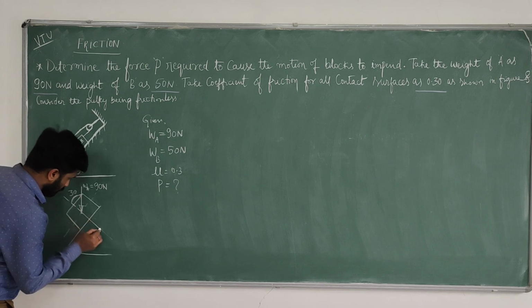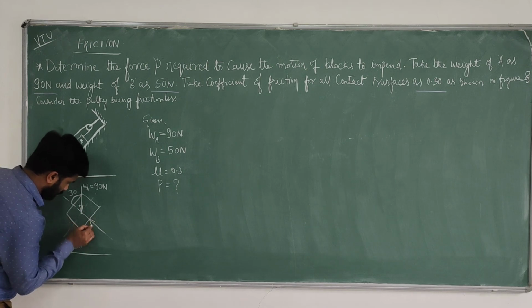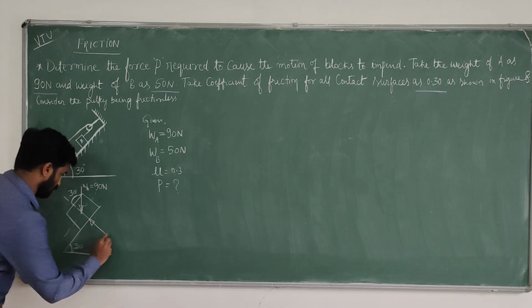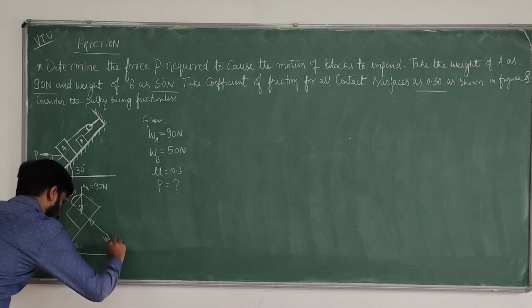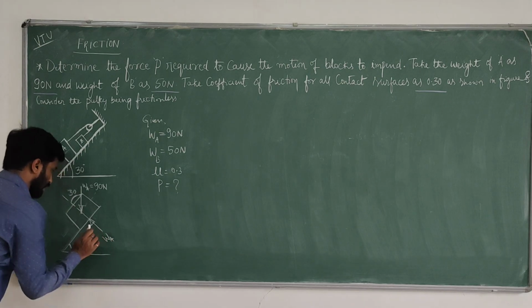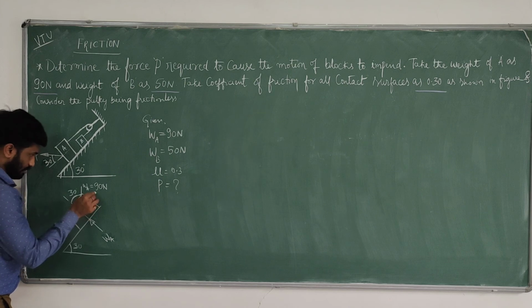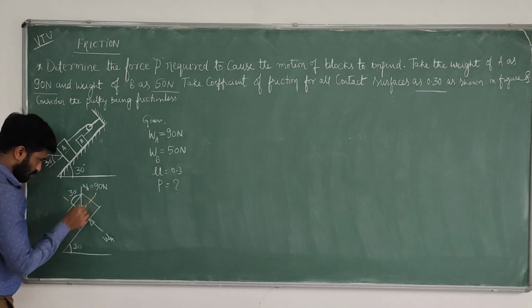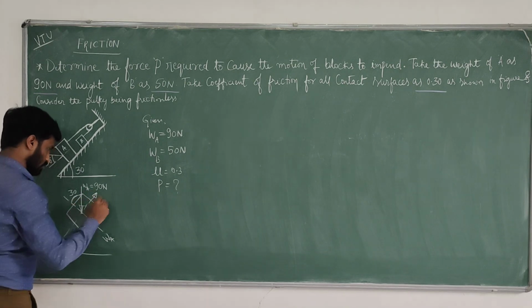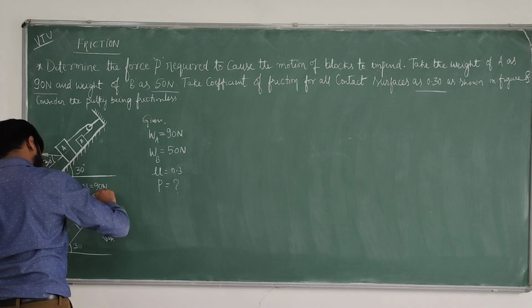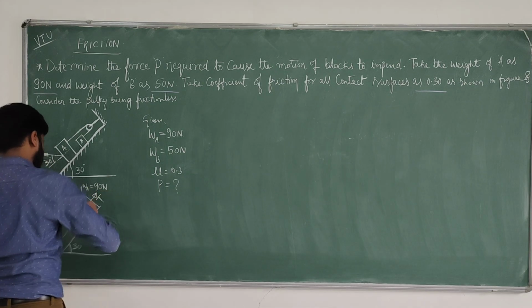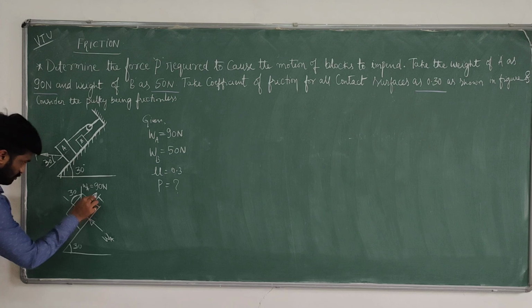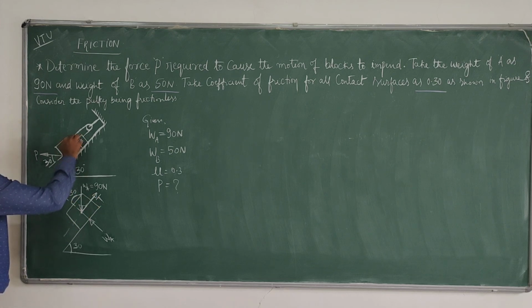Now for action there is a reaction. So this is WA. And we also have a string, so the string will cause tension. This is T, the tension, because this is a string, a cable.